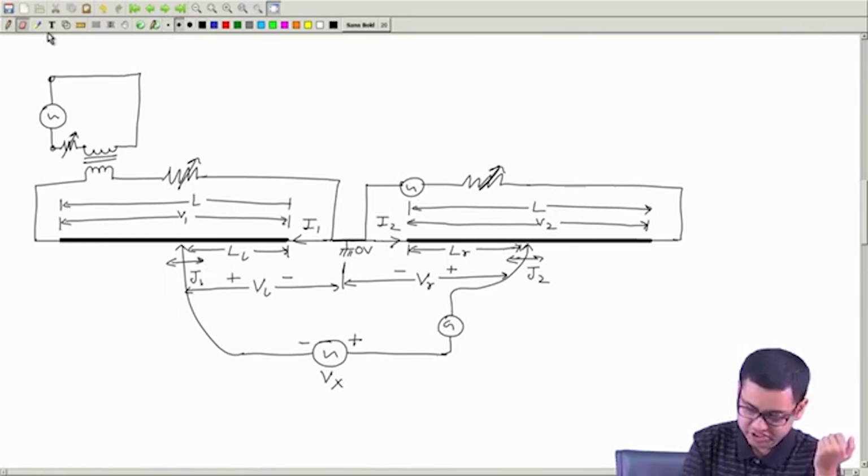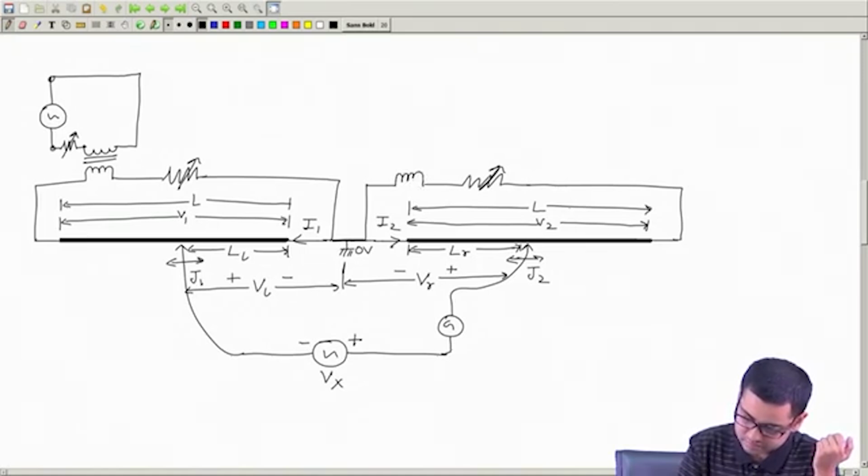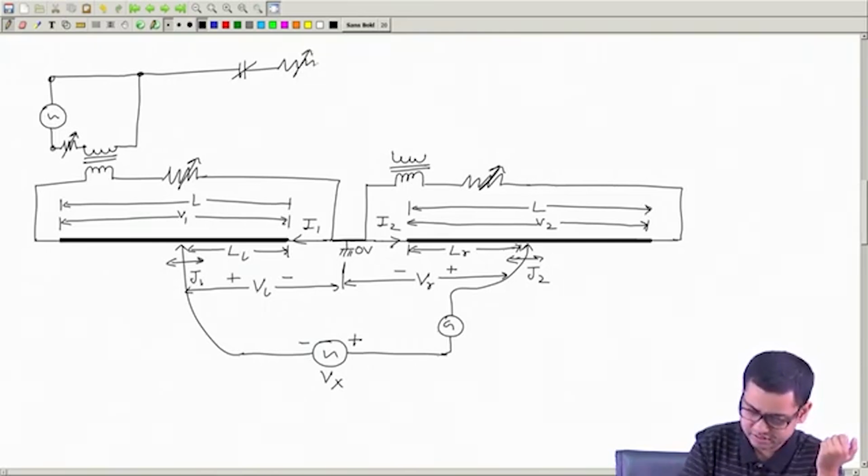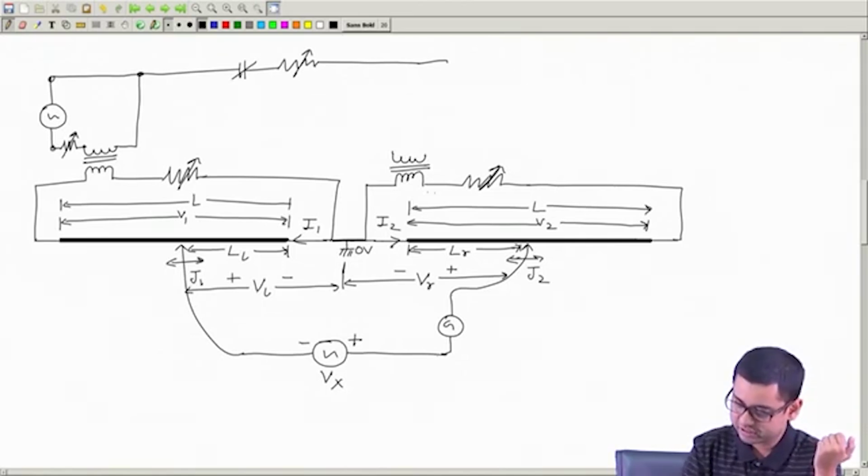And this side we will again take a transformer, but let me feed this through a variable capacitor, resistor or some sort of impedance with which you can control the phase angle of this current and thereby the phase angle of the secondary voltage, thereby this current and so this voltage. Okay.